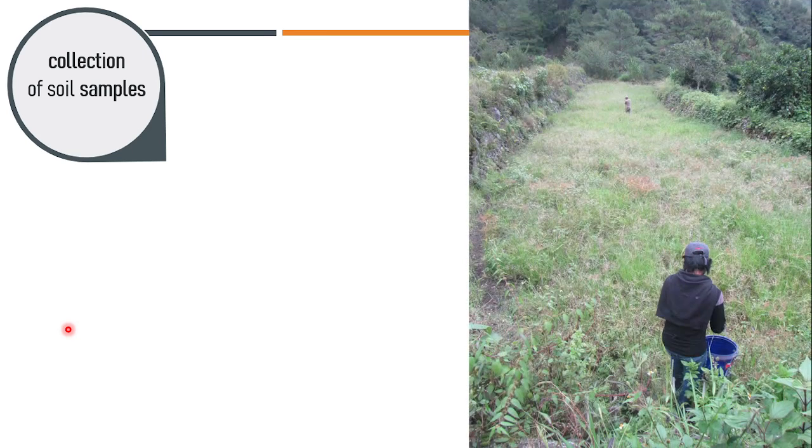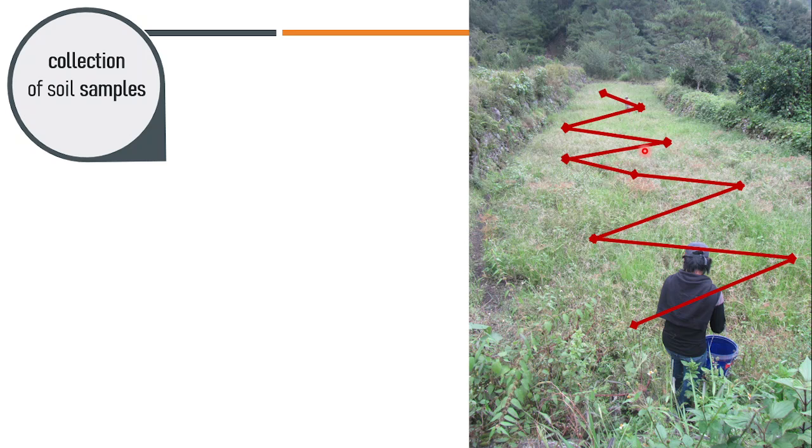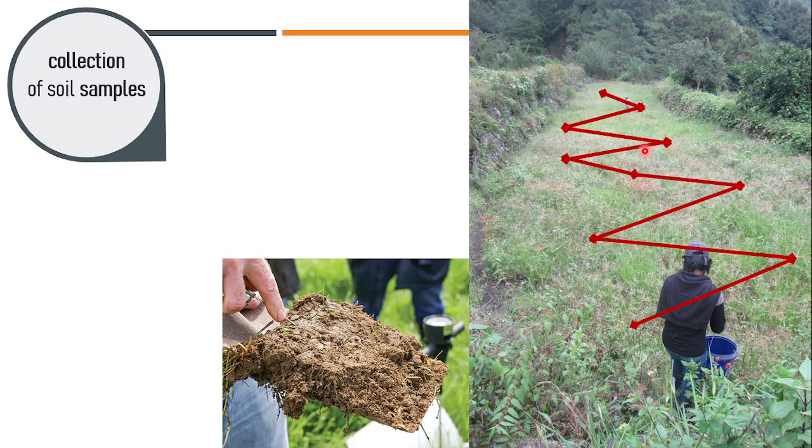Let's say, for example, this is your area. We have to distribute the sampling points throughout the field for us to collect a true representative soil sample of the area. Also, we need to collect at the correct depth depending on the crop that we are going to plant.